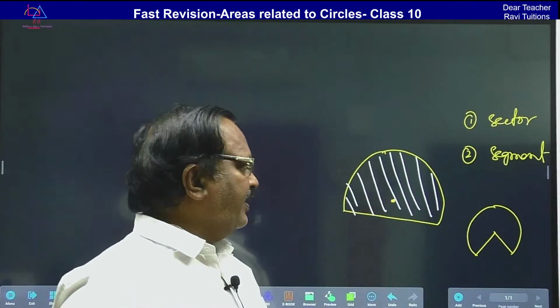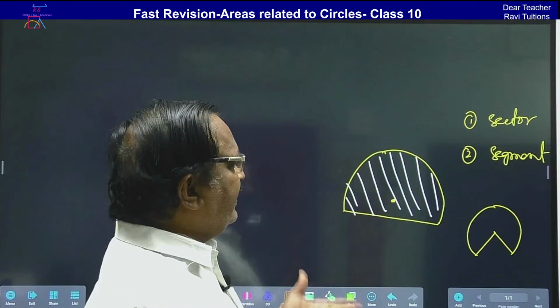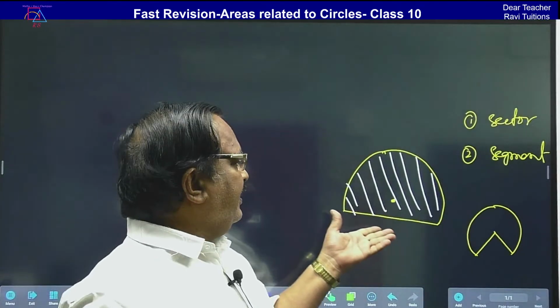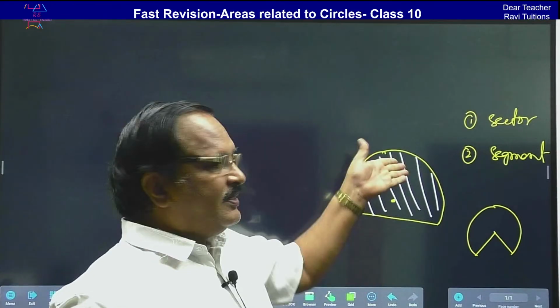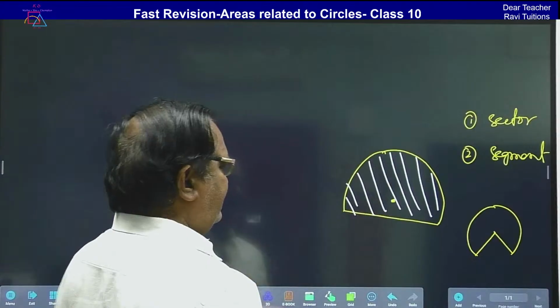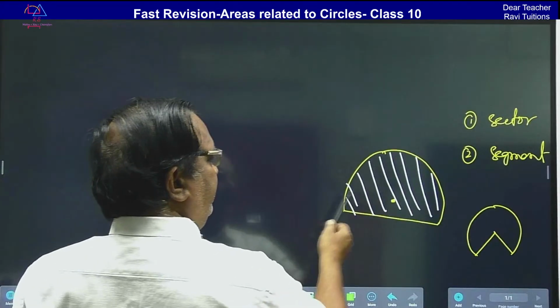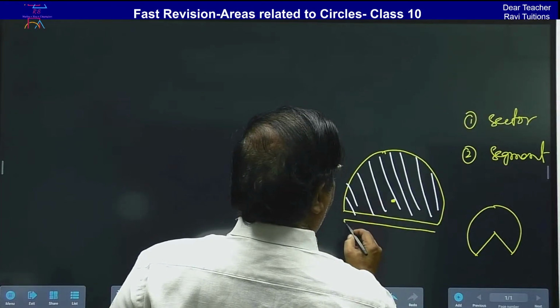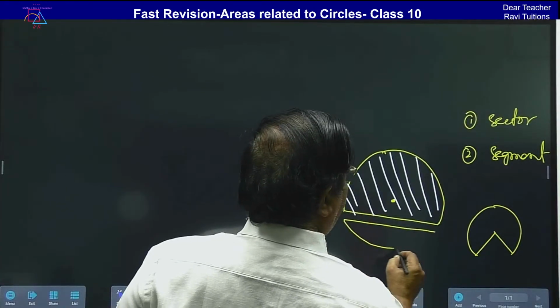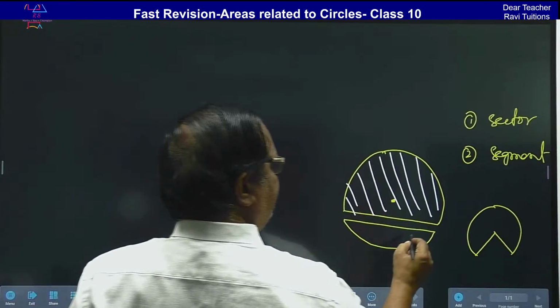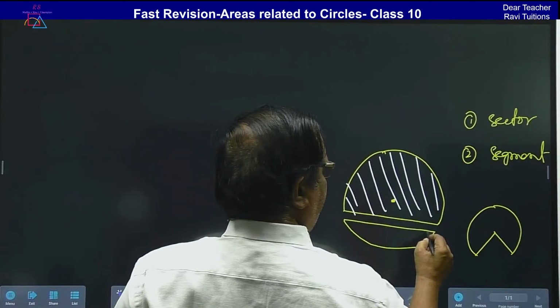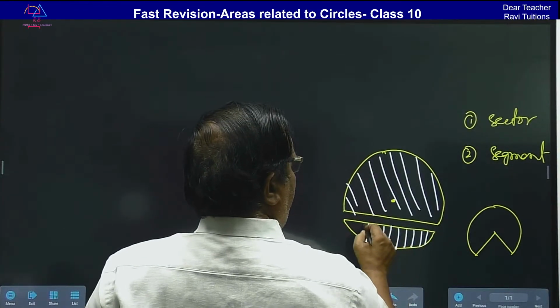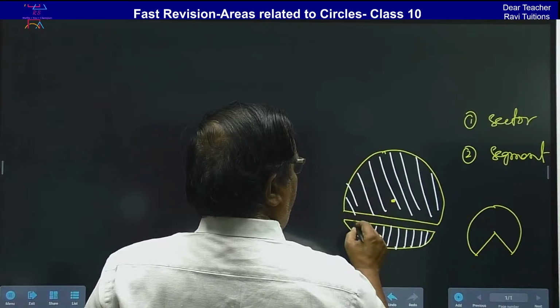So here also, how to find the segment? Because every segment has a triangle. This is the major segment and this is the minor segment.